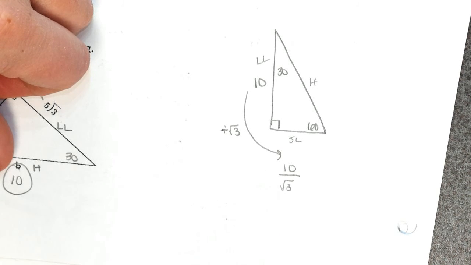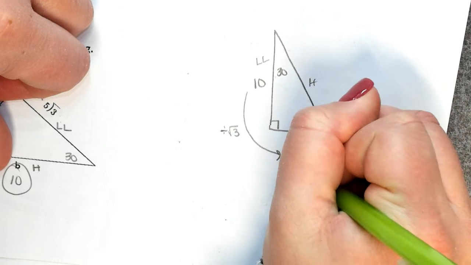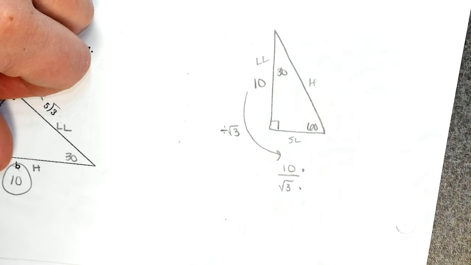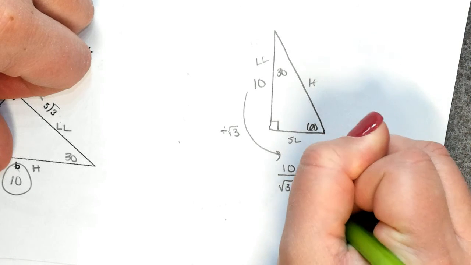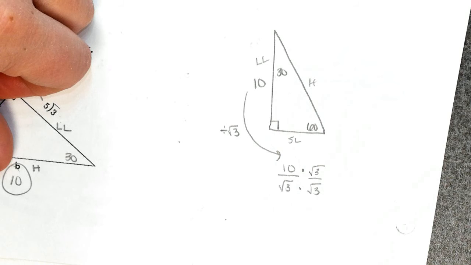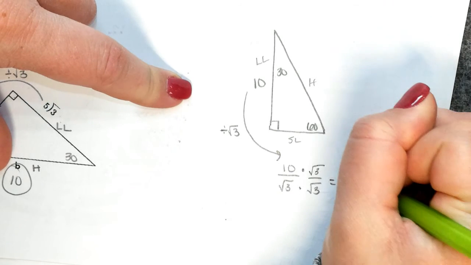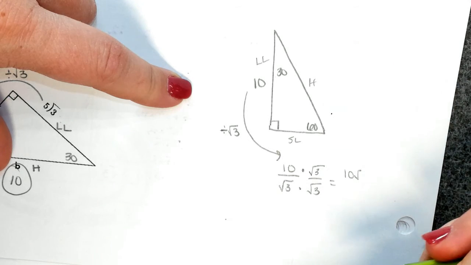So how do we go to simplifying this? Multiply by the undercover 1. What version of the undercover 1 are you going to use? Square root of 3 over the square root of 3. That version is 1. So when you multiply by 1, you're not changing the value. On top, you'll have 10 square roots of 3.